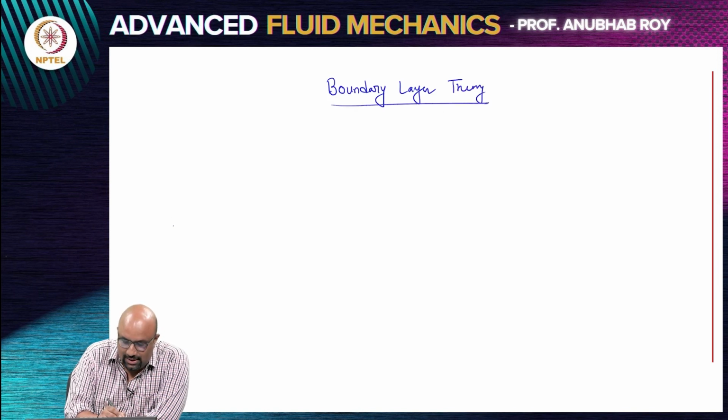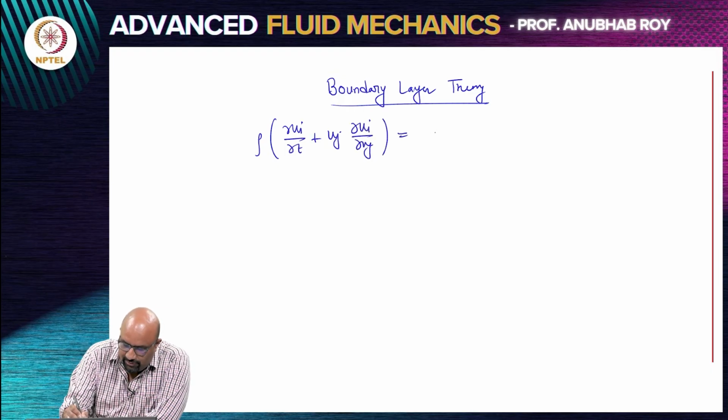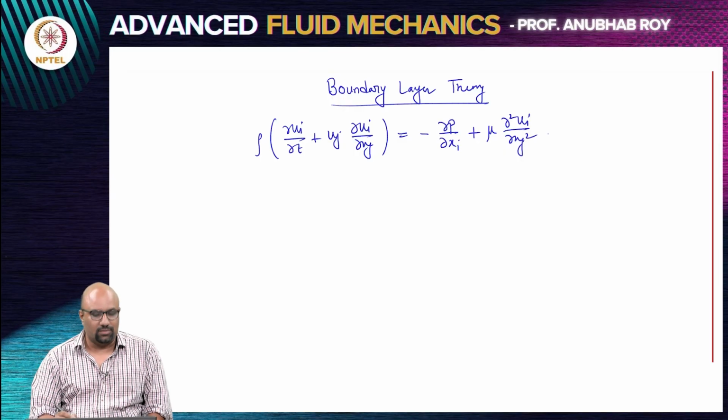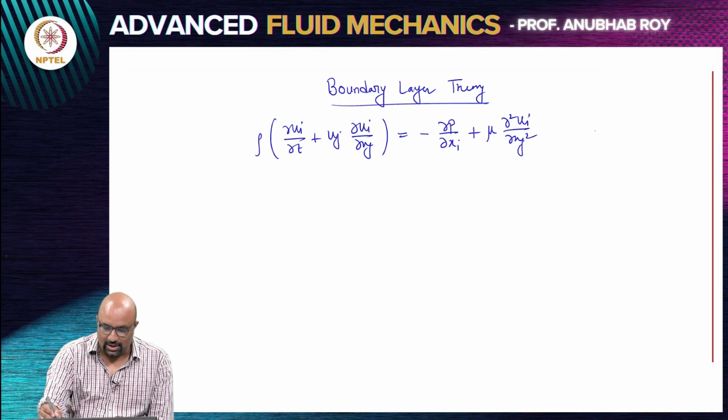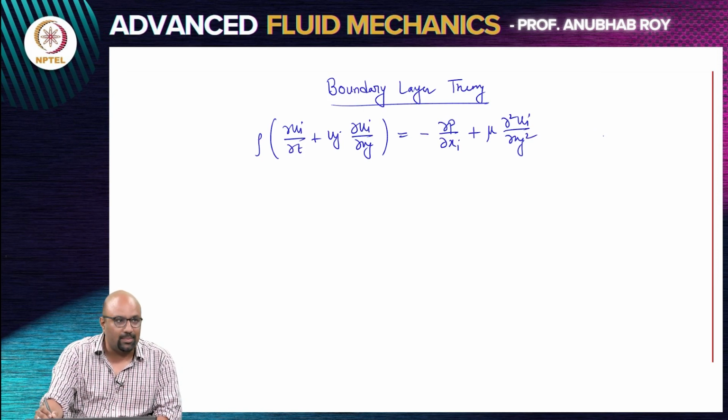You have already seen the governing equations that we have been working with, the Navier-Stokes equation. This has been around since the mid 19th century. But there is no general solution of this equation. You don't have a general solution for the Navier-Stokes equation for arbitrary initial conditions and arbitrary boundary conditions.